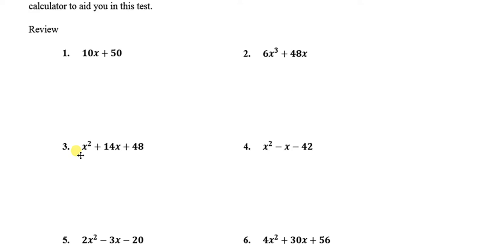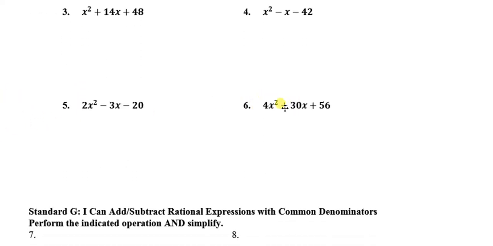These next two are trinomials with the first coefficient being 1, and 2 where it's standard factoring with a not equal to 1. And number 6 is actually a combination of both. You could factor a 2 out of there. Or could you factor a 4? No, 4 doesn't go into 30. So you could factor a 2 out of there first.